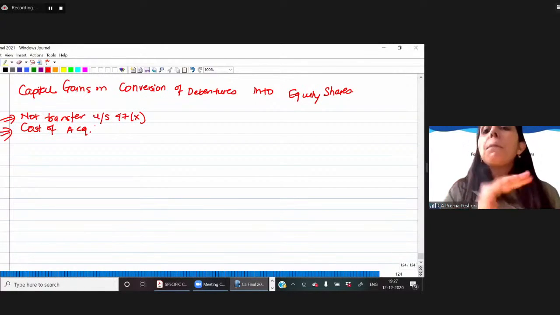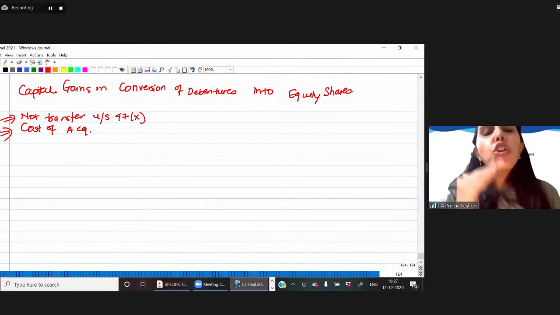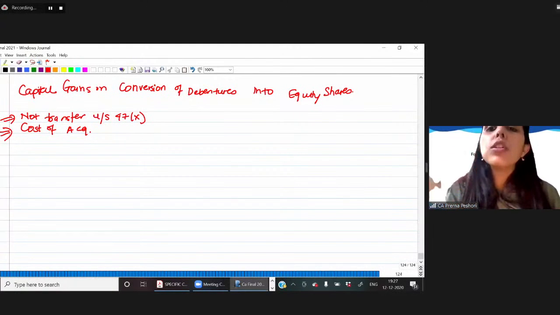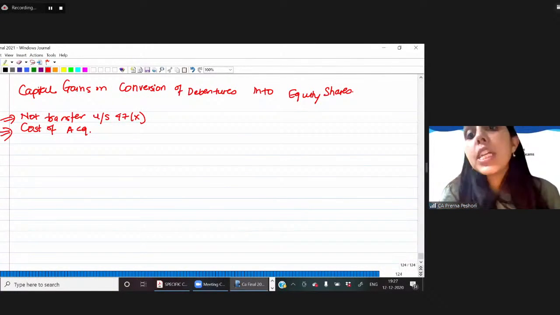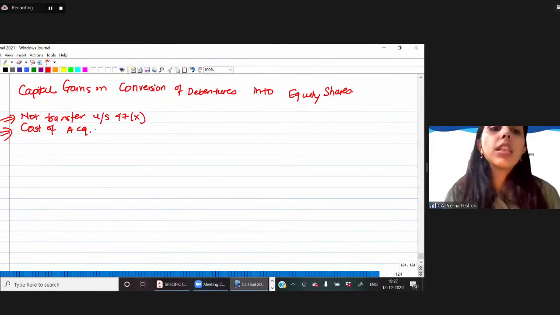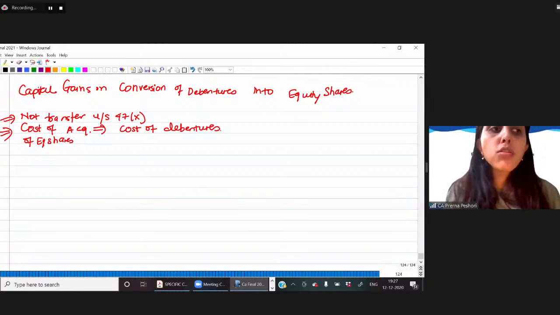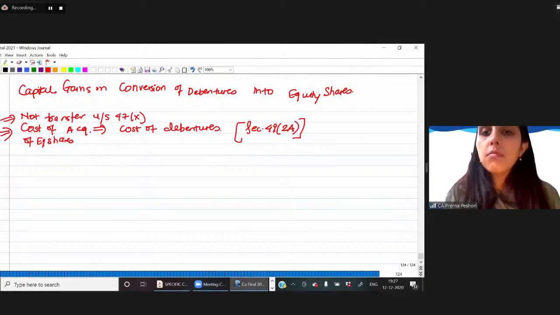Because you have not paid for equity shares, what you would have paid is for debentures. So the cost of acquisition of equity shares would be the cost of acquisition of debentures. This is as per section 49(2)(a). Clear?